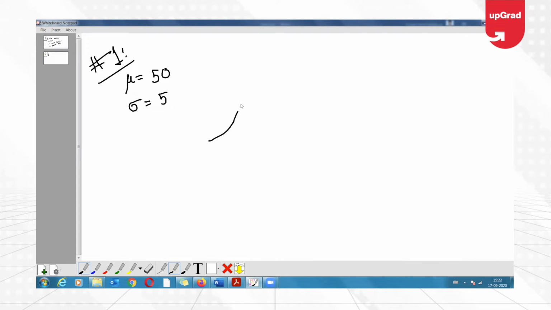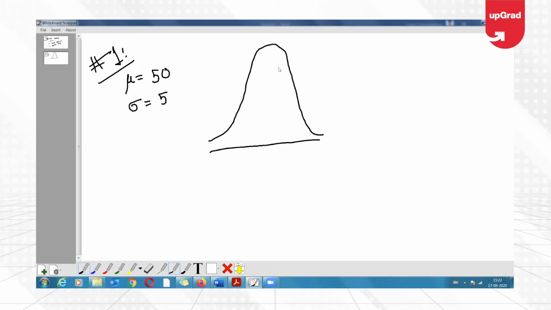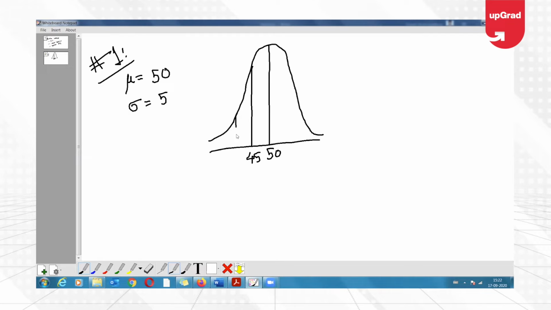So let's draw a normal distribution. So this is 50. So if the standard deviation is 5, then one standard deviation to the left is 45. So 2 standard deviations.